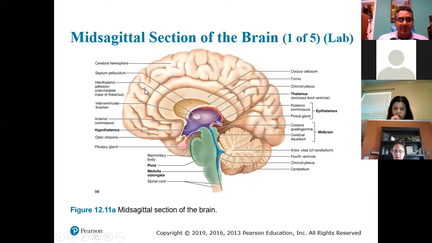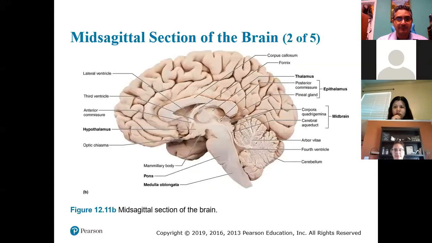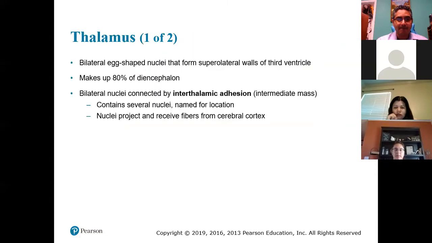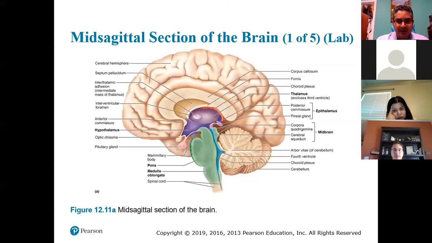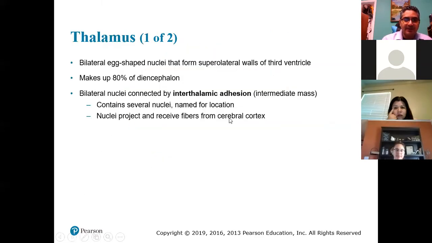Okay, so these right here, that's what we're talking about, the three parts of the diencephalon. Now, let us take a quick look at the thalamus. This part right here looks like a little egg-shaped structure, the thalamus. Let's dive a little more into it.